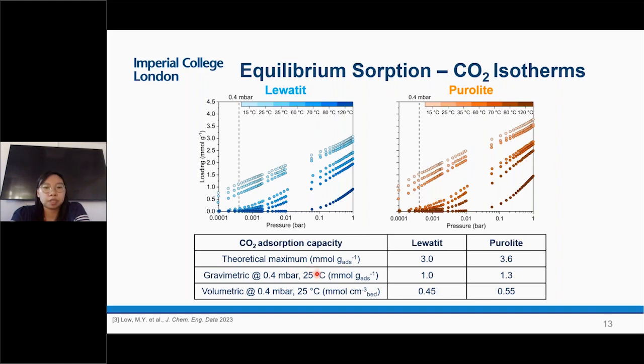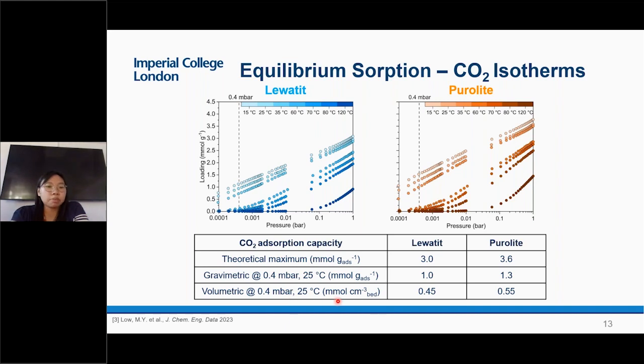So the gravimetric CO2 adsorption capacity, in other words, the amount of CO2 adsorbed per gram of adsorbent, Purolite has a higher gravimetric capacity of 1.3 versus 1 millimole per gram compared to Lewatit.